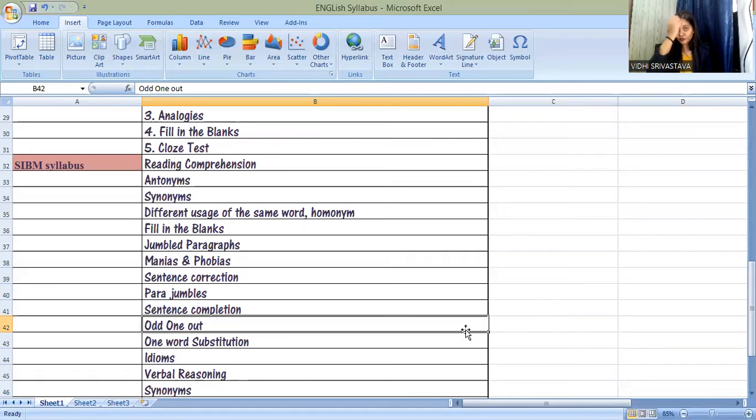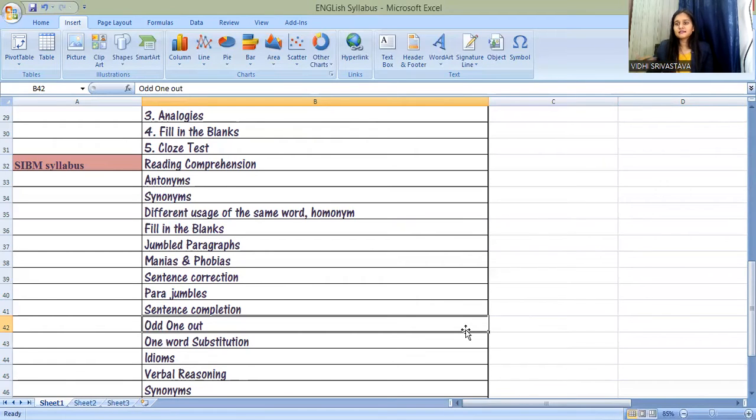You obviously have to know the CAT-based words that may come in CAT, but you don't have to do an extensive preparation of all these things for CAT or XAT. If you are preparing for NMAT, IIFT, SIBM, and CMAT, then you have to have a good and thorough understanding of vocabulary questions. Critical reasoning, critical analysis is present in CAT and XAT also.